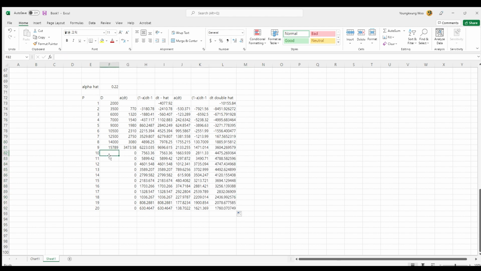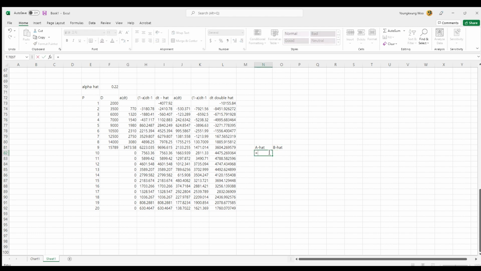The thing is, we have to calculate the remaining expected value for this one. So let's make another column for A hat.